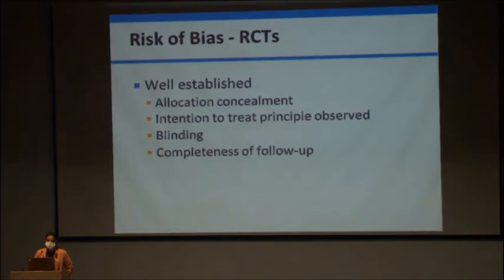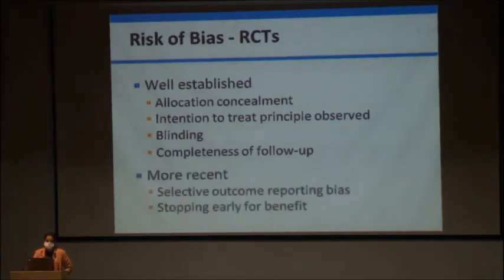So there's allocation concealment, analysis should be on the intention to treat principle, blinding, completeness of follow-up. Those are the common ones. And more recently, there's also a focus on selective outcome reporting and stopping early for benefit. So, of course, in detail, we can talk about this in a session that's devoted to RCTs.